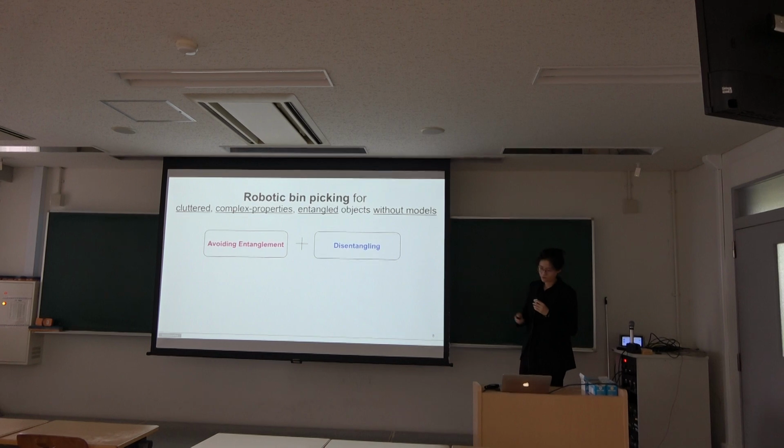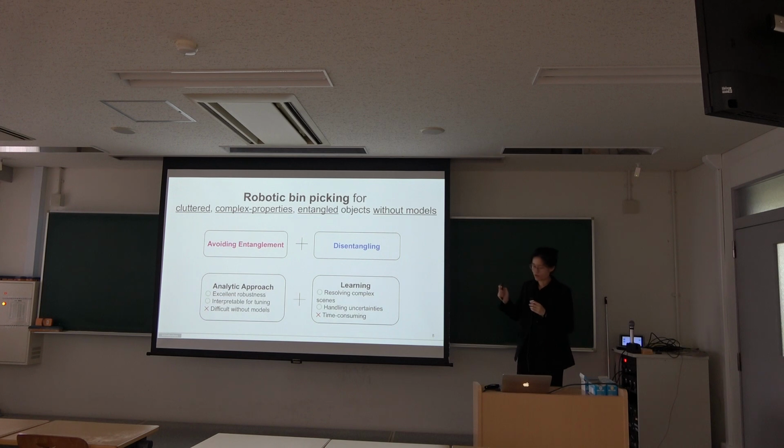And therefore, to achieve the goal of picking entangled objects, my research aims at combining these 2 strategies together for avoiding entanglement and disentangling. And furthermore, my research also combines the advantages of the analytic approach and the learning approach to craft more dexterous, robust, accurate and unified bin picking policies.